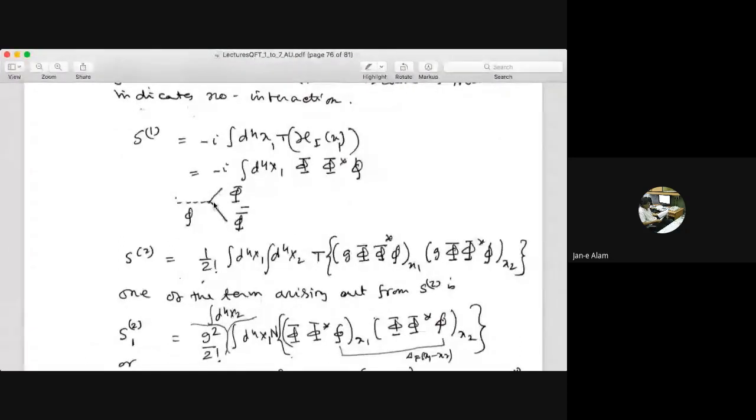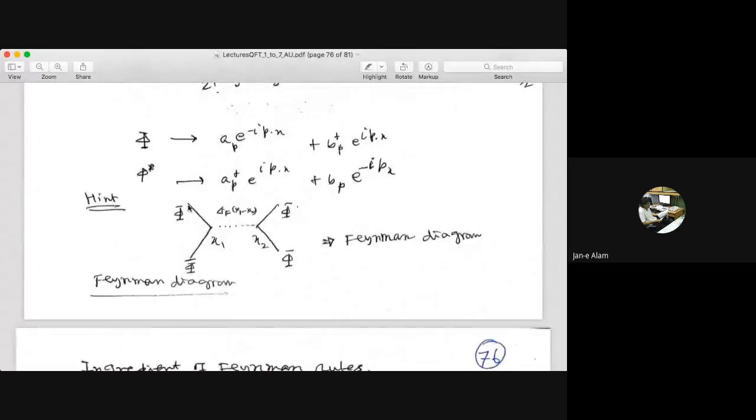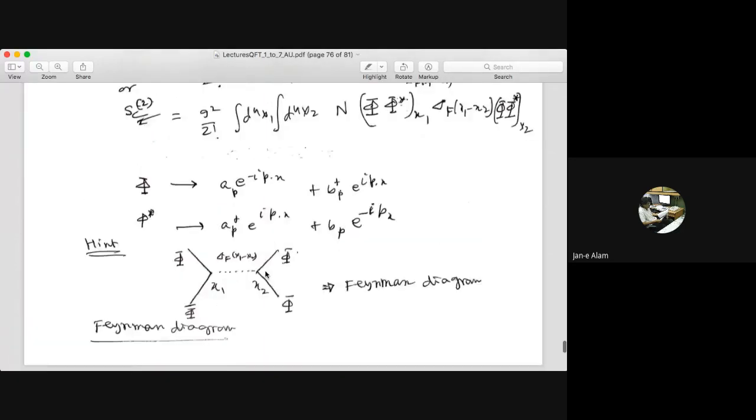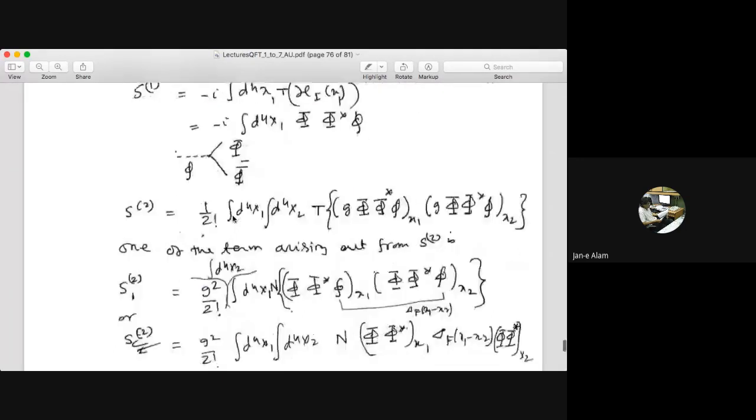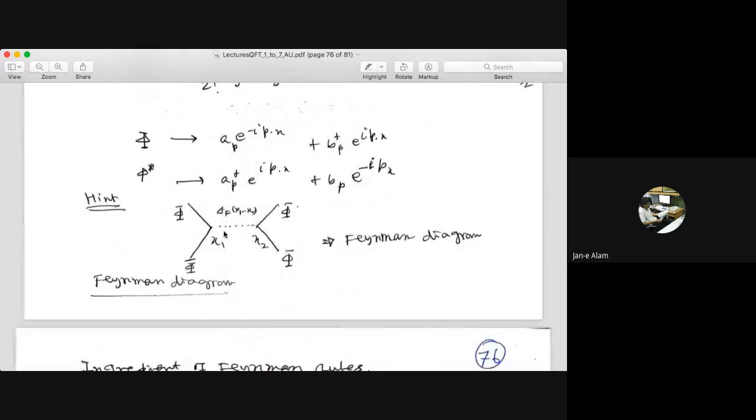You may ask, why do I need that? I will just have phi dagger and draw a straight line from there. That is not allowed, because your basic vertex told you that you have a three particle vertex: two capital phi, one small phi. So two particles come and interact at this x1 vertex, which is a complete vertex, and from there the small phi particle propagates and again produces this.